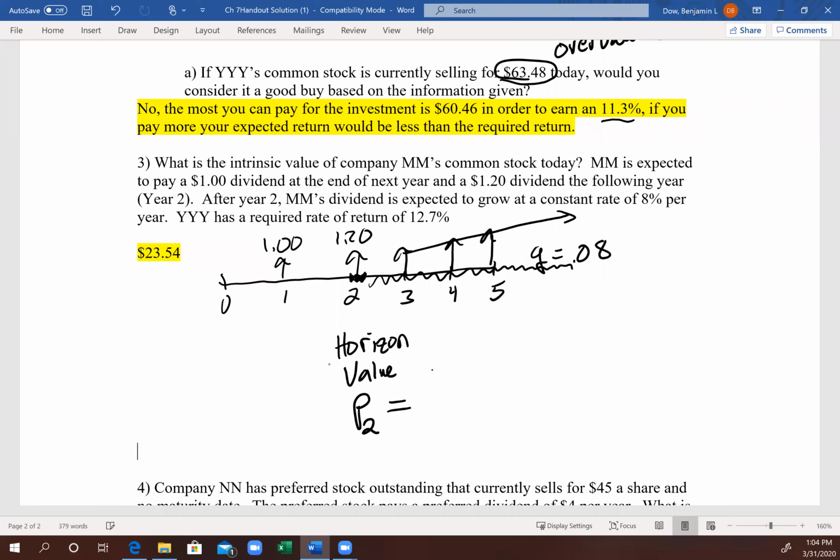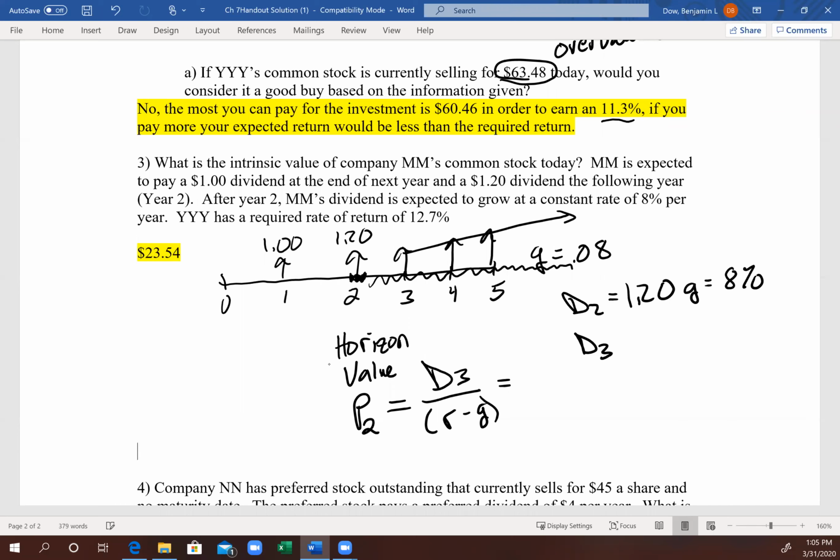So P2 is going to be equal to D3 divided by, now here they switch out a lot of times, instead of I, they're going to use R. But I and R are often used interchangeably. So we've got to figure out what D3 is. We don't know D3, but we know D2 was $1.20, and we know that growth is 8%.